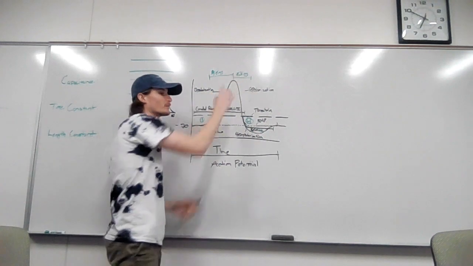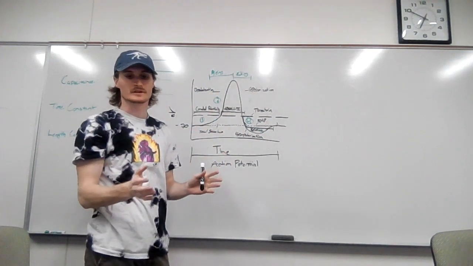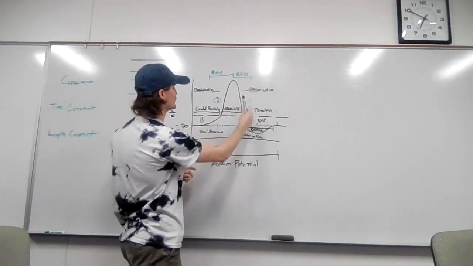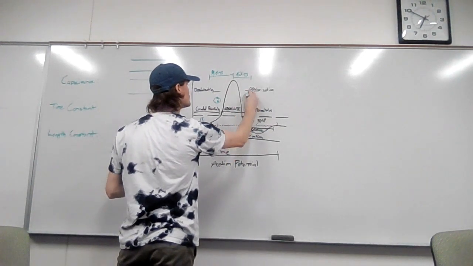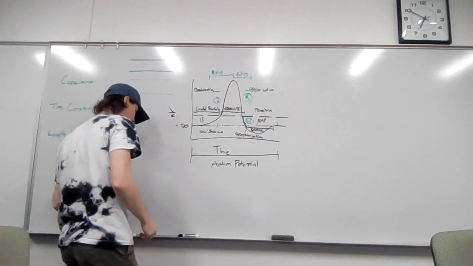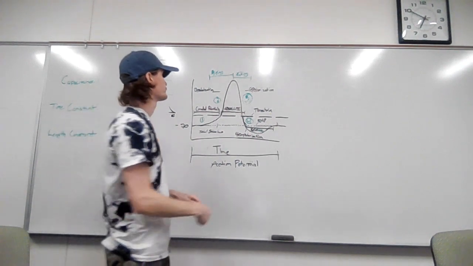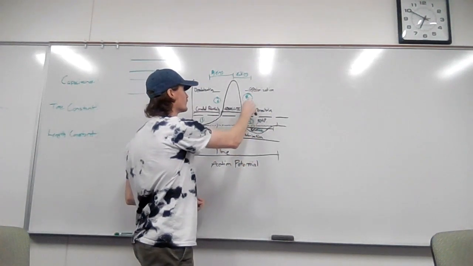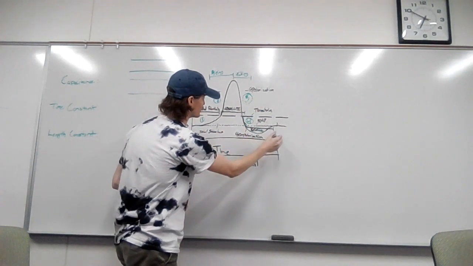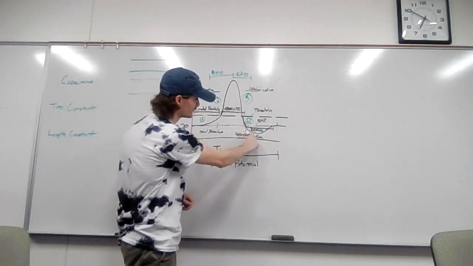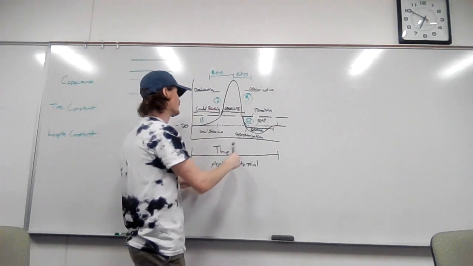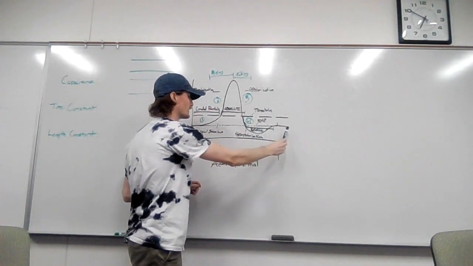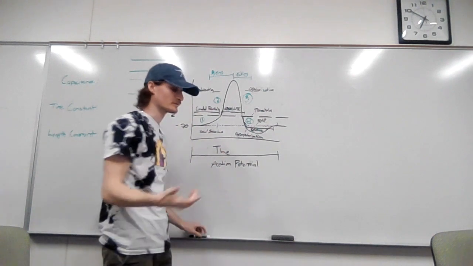Then it gets to a point where all of the channels are starting to close. That would be right here, which I erased, which would be 3. All of them are closing and now potassium channels are opening, so the cell is repolarizing and coming back down. Then in 4, over on this side, the potassium channels are going to be closing and the cell is going to get back into its resting phase.